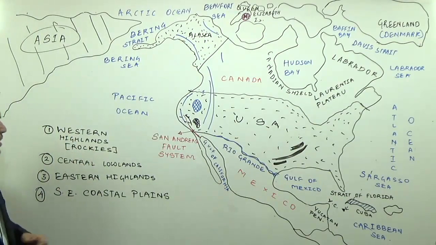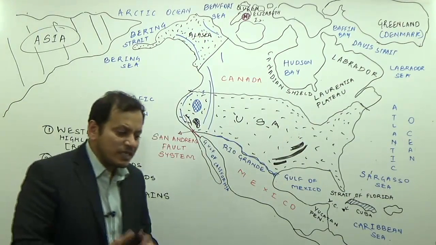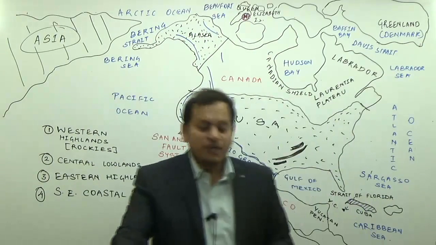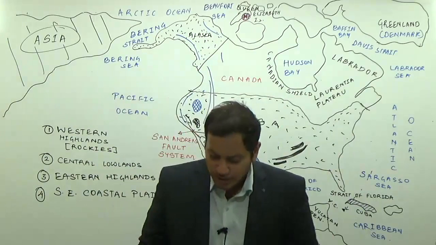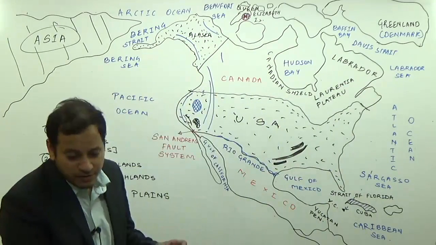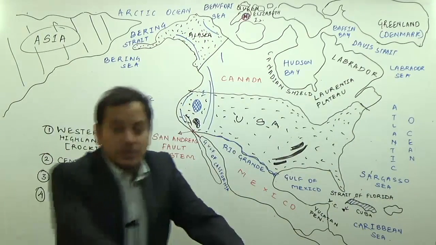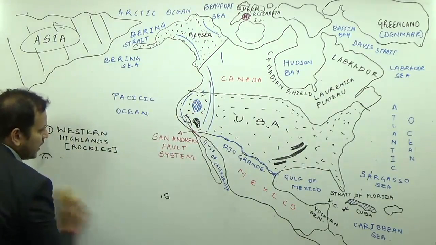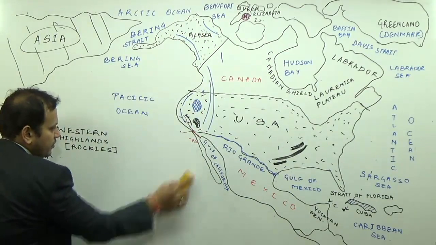Now Western Highlands or the Rockies. Now what are these Western Highlands or the Rockies? These Rockies are young tertiary fold mountains of alpine origin. That is, now I will have to rub some of the parts of the map so that we can use this board more efficiently. So we are going to do the Western Highlands. I will rub this San Andreas Fault.